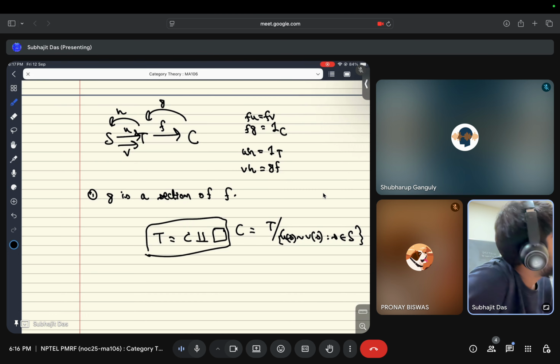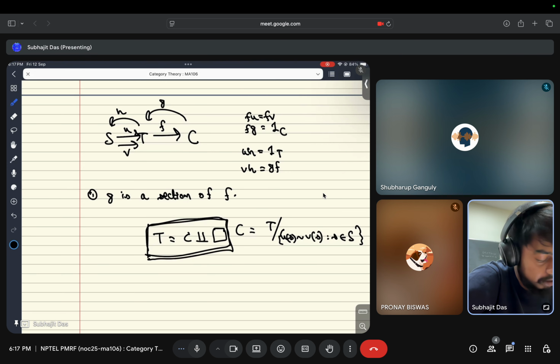So what kind of quotient is this, which is also a subset of some object? Can you give me an example of a split co-equalizer in set?